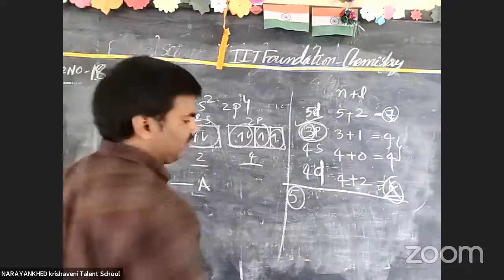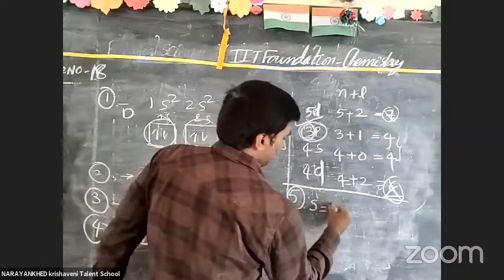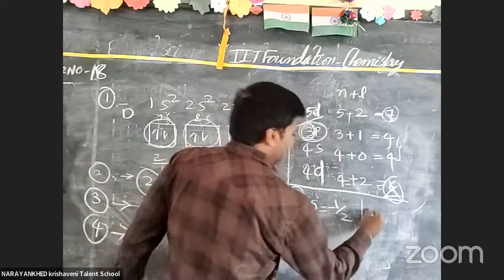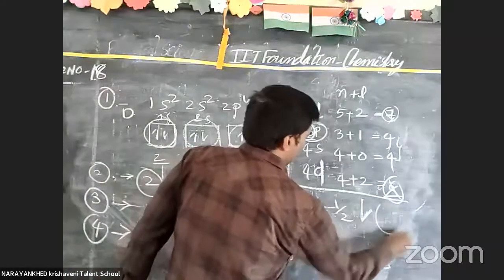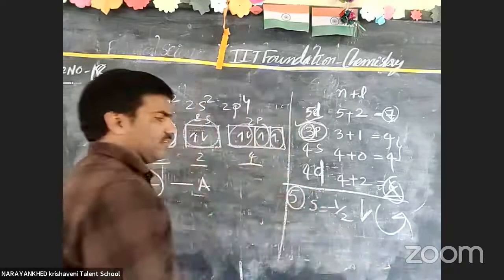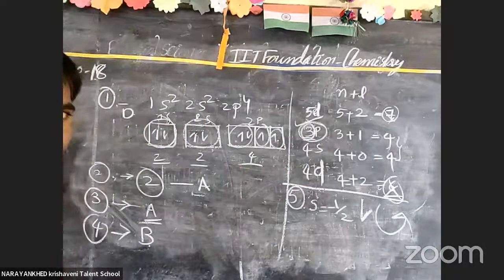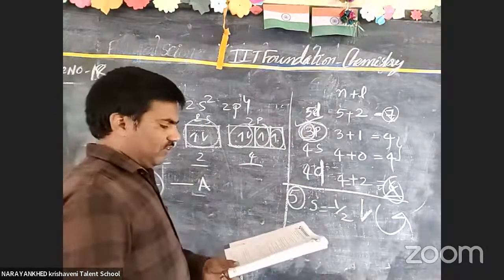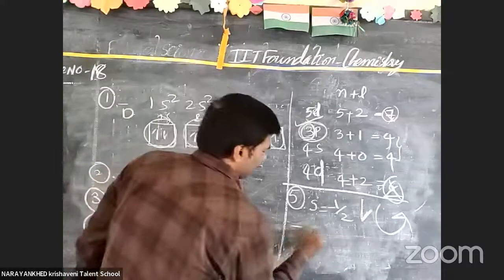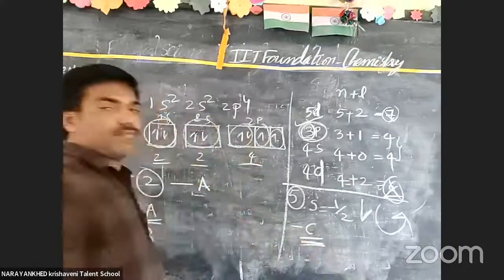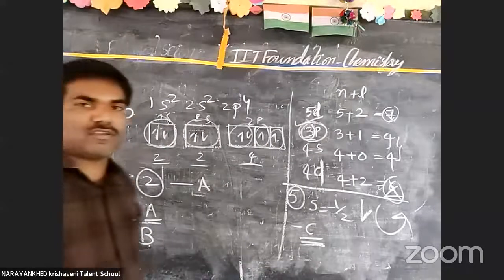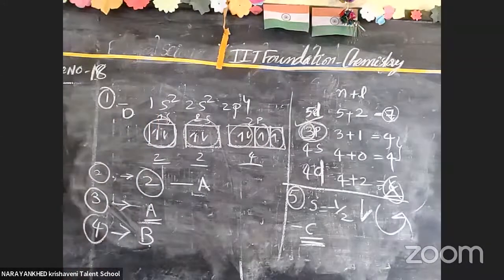Clear or not? Yes, ms equal to minus 1/2 is an anti-clockwise direction. Anti-clockwise direction is also called counterclockwise. The fifth answer is C.